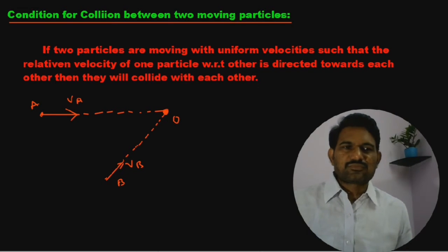That means for collision to happen, the velocity of A with respect to B must be directed towards this B here, or the velocity of B with respect to A must be directed towards this direction here.